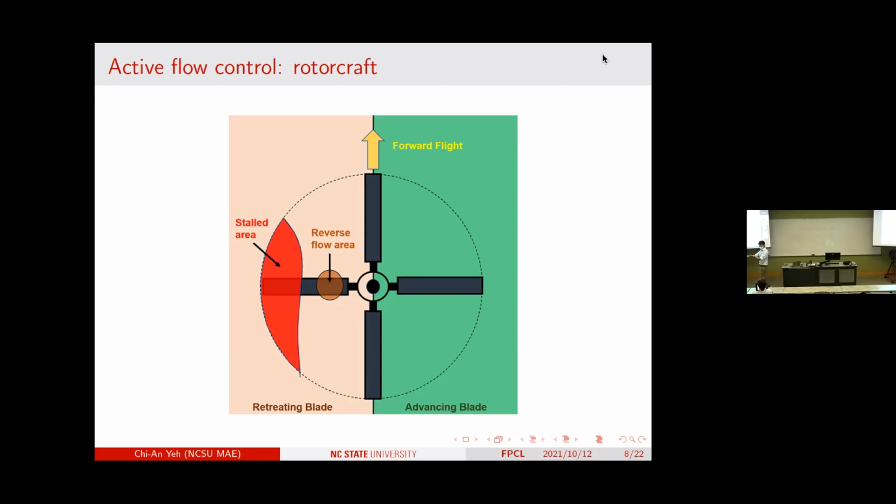Now, going back to that dynamic pitching scenario, when you have the advancing blade with a higher relative speed across your airfoil, you may expect higher lift, right? And towards the retreating blade, of course, the relative velocity is slower.